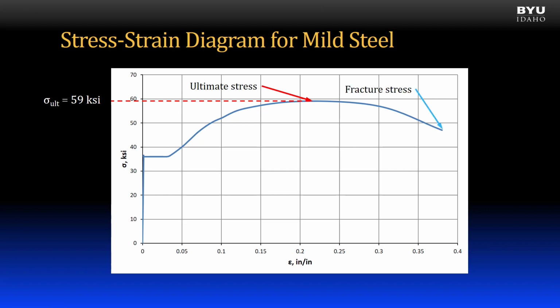The stress at this level we call the fracture stress, and that's not particularly important to us. But the fracture or rupture strain can be a very useful value. We find the fracture or rupture strain by looking down to the strain axis. Here it is about 0.38 inches per inch.